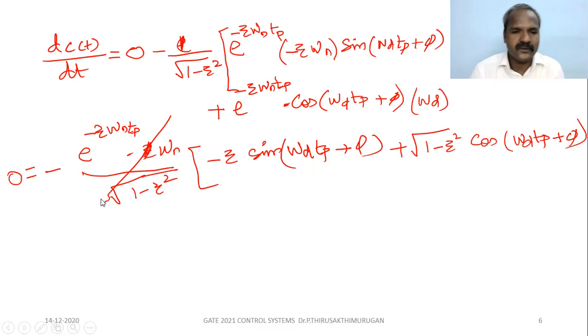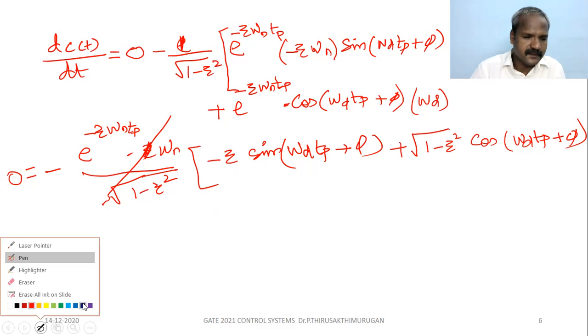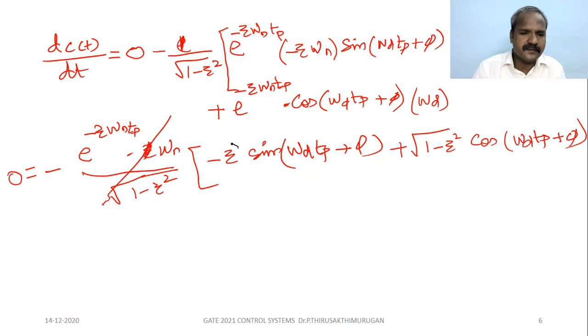This term may not be equal to 0, but the other term will be 0. Here we can substitute zeta from the pole zero diagram. What is zeta?